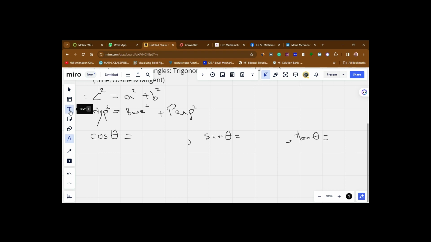What is that? I'm just going to write it down. Before writing down, I must write the ratios here. So this is base upon hypotenuse. This is perpendicular upon hypotenuse. And this tangent thing is perpendicular upon base.